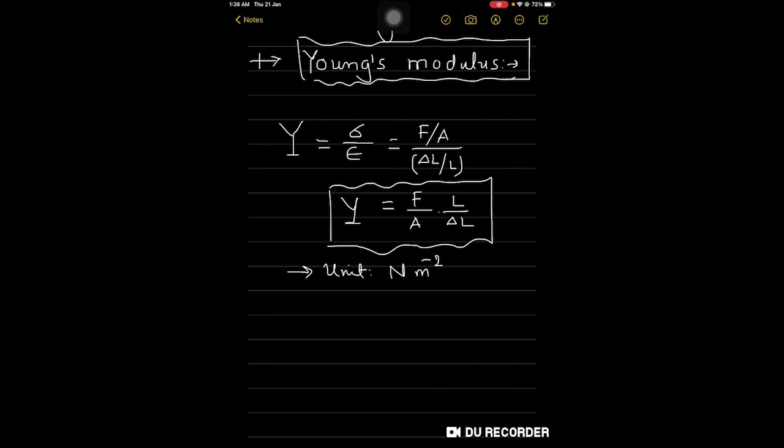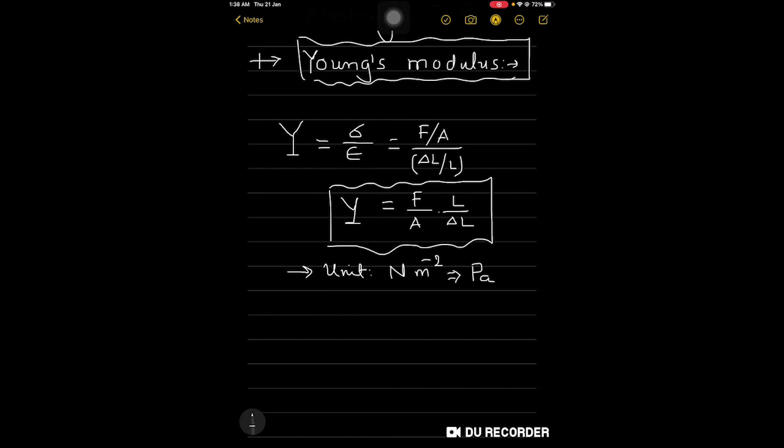This unit is also called the unit of pressure, that is Pascal, in remembrance of a great scientist. Now, from the data that we can find from the table given in the textbook on page number 235, we are provided some Young's modulus, elastic limit and tensile strength of different materials.